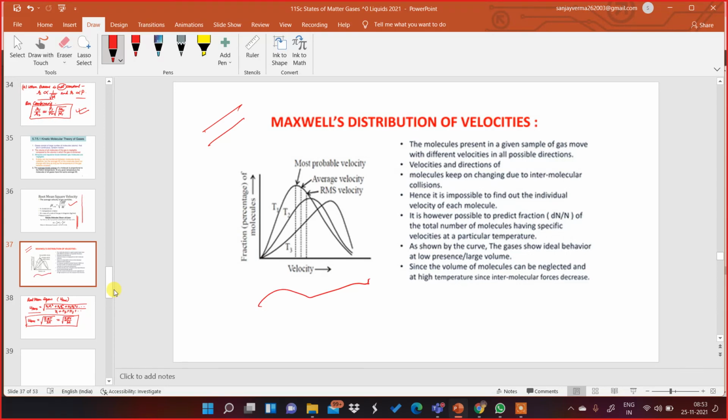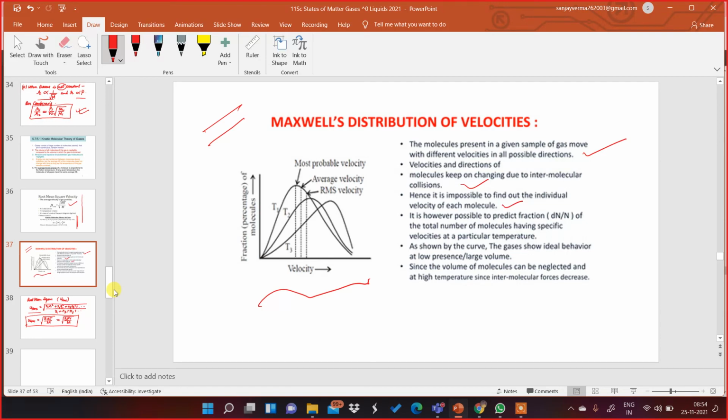Now, here is the point-wise explanation. The molecules present in a given sample of a gas move with different velocities in all possible directions. Velocities and directions of molecules keep on changing due to intermolecular collisions. Hence, it is impossible to find out the individual velocity of each molecule.